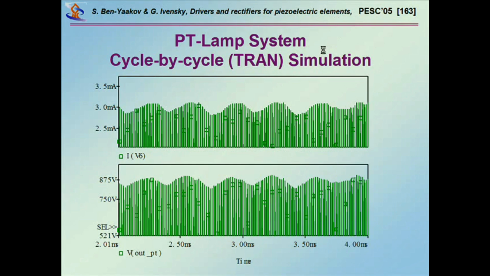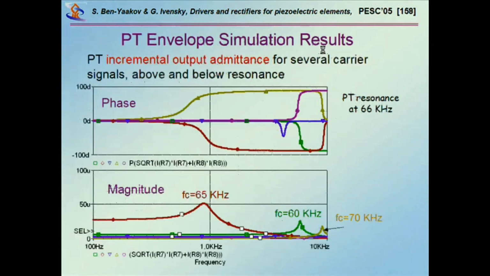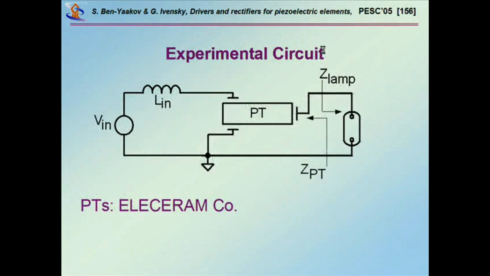So, as I've said, I think we are approaching a good understanding of this phenomenon, and an open question now is, what are the means that you can use in order to stabilize the system? If I look at a very simple situation, what really is happening here is that when the lamp is looking back at various carrier frequencies, the incremental impedance is really changing very much.